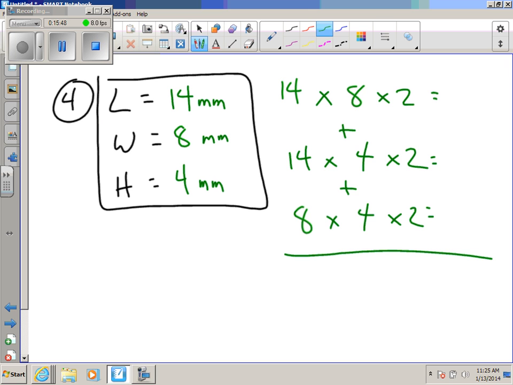So 14 times 8 times 2 gives us what? 224? 14 times 4 times 2. 14 times 4 is 56. 56 times 2, 112? Okay. Sorry, just trying to do it in my head. And then 8 times 4 times 2 is 64, correct?